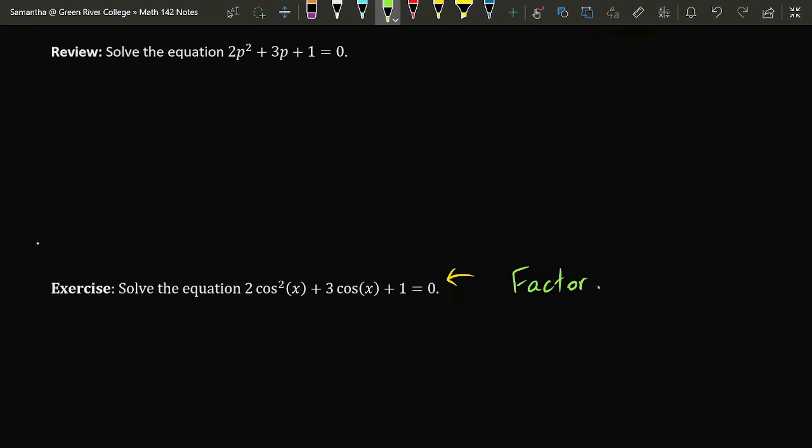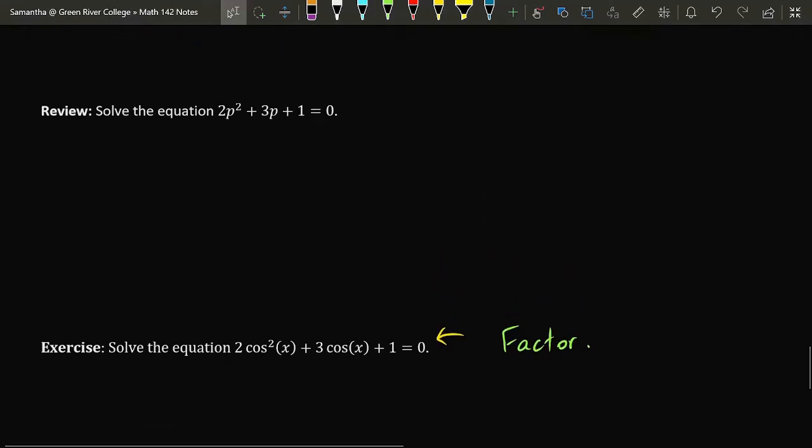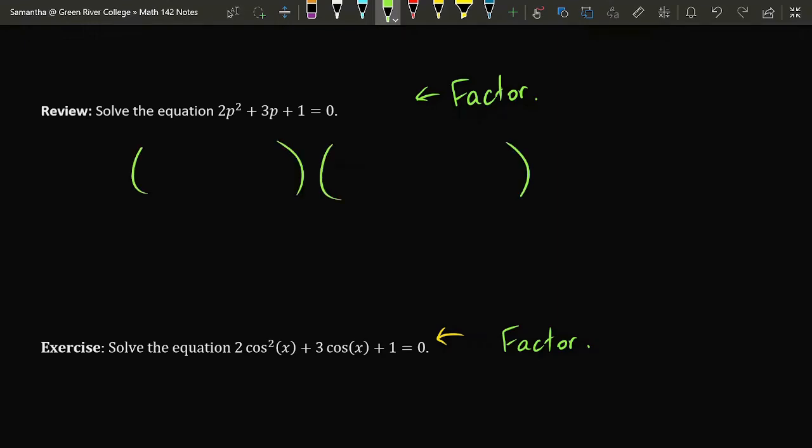And to demonstrate how I would factor the equation with cosines in it, let me show you how to factor the equation that just has a single letter, p, in the place of cosine. So 2p squared plus 3p plus 1 can be split apart. The 1 only splits as 1.